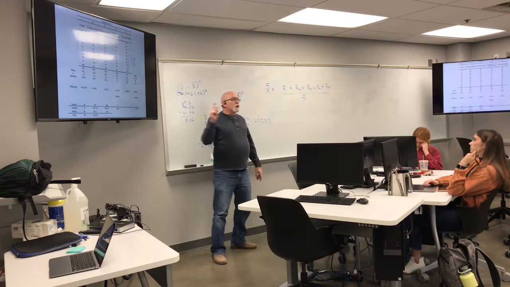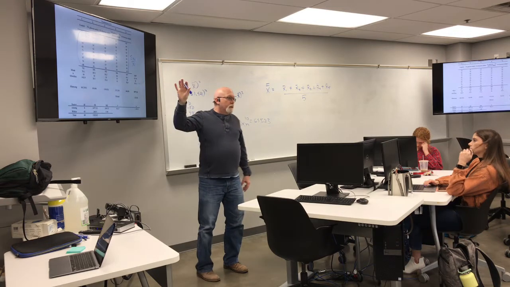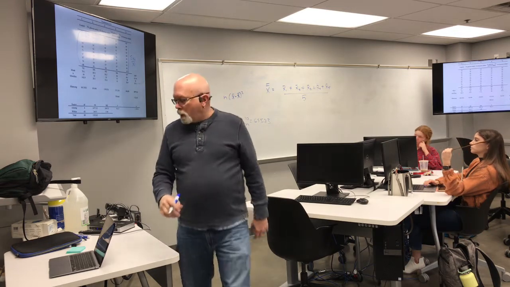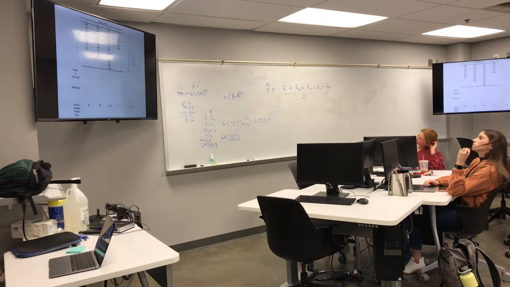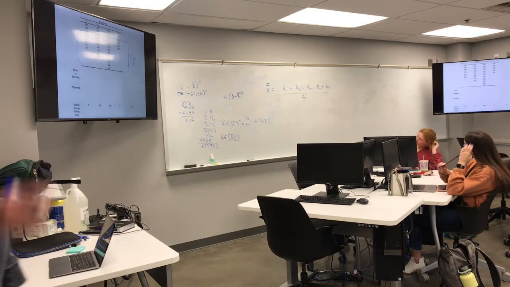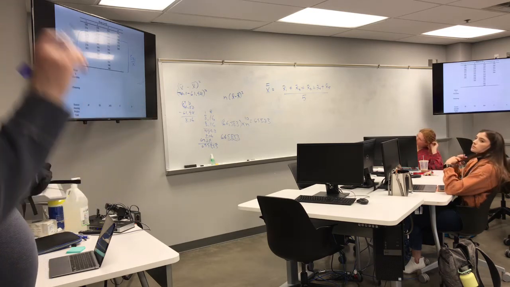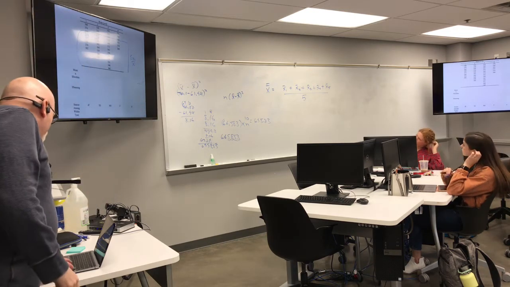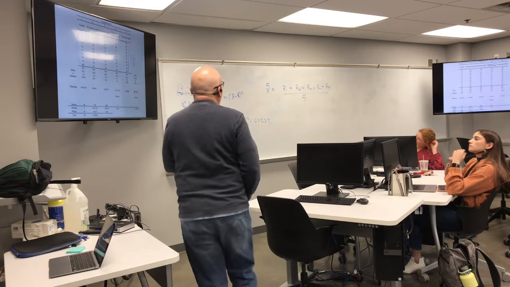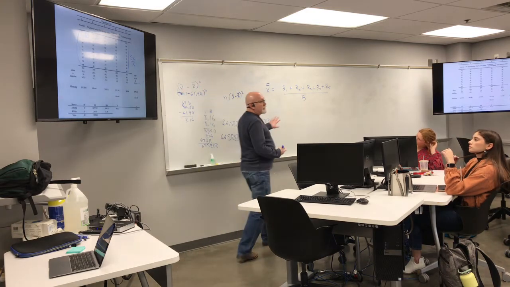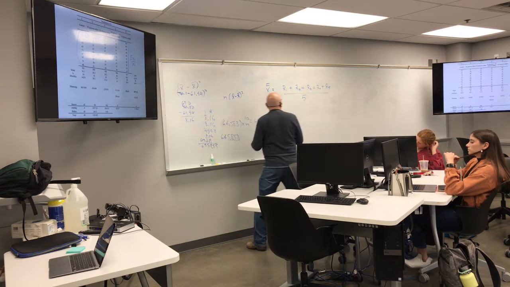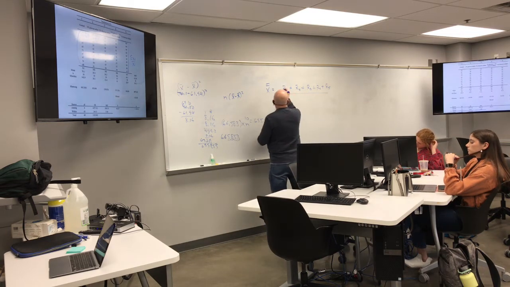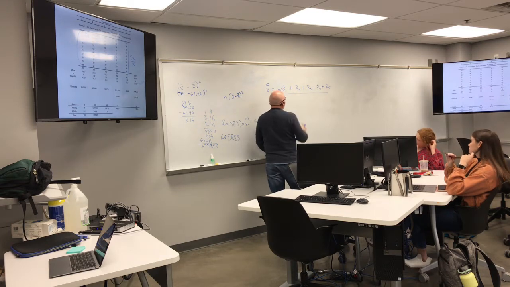That only works on this data set. Would that work on this data set? You have different sample sizes for each of those. In this case you can do this because everything is the same sample size. If they were different sample sizes, you would multiply each of these times their sample size.